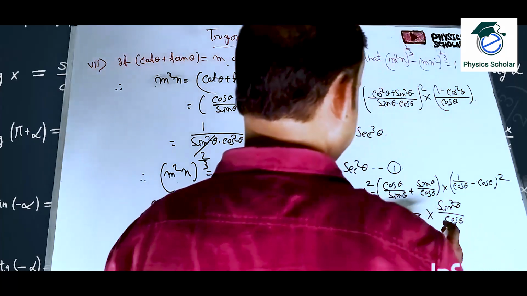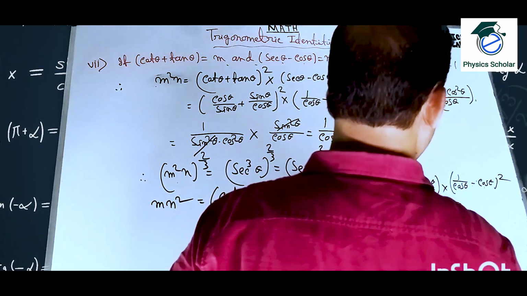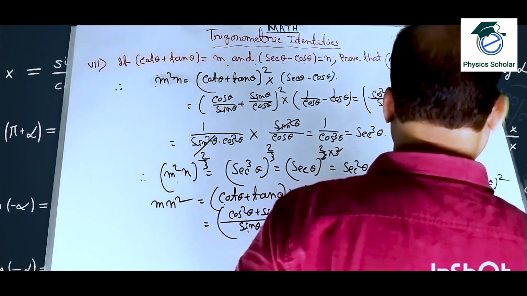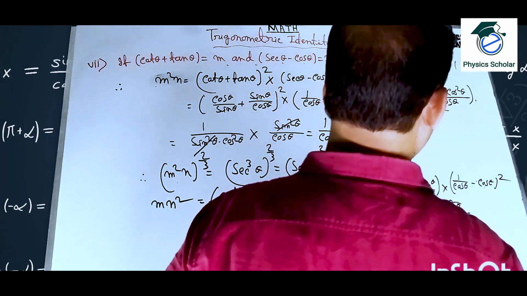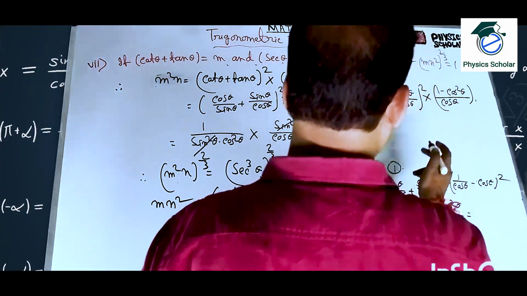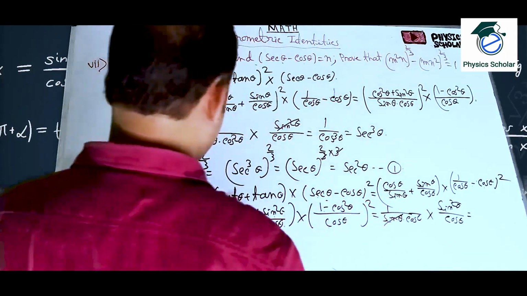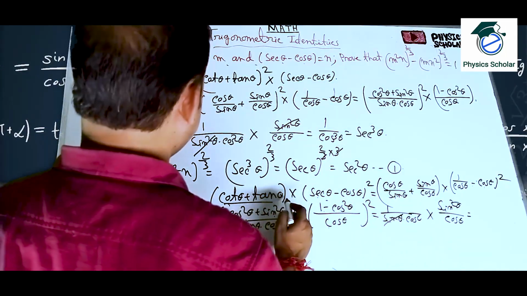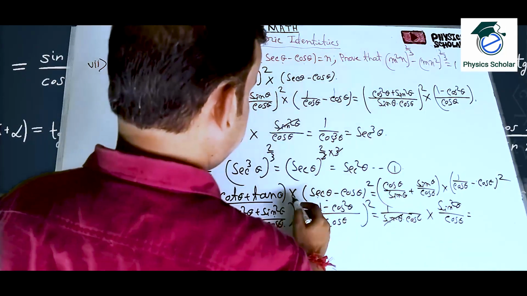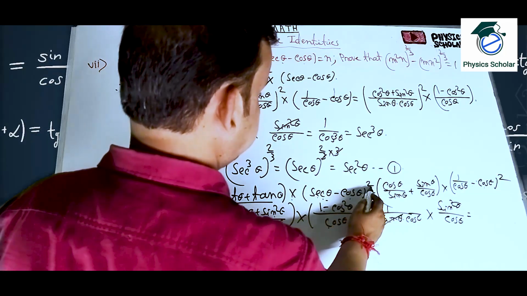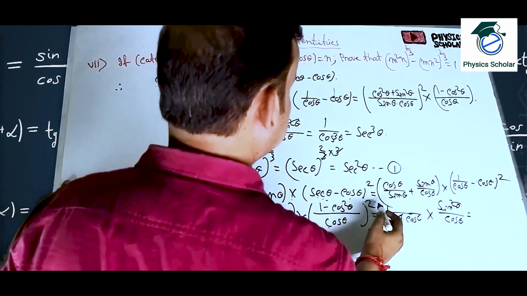Clear? So it is 1 by cos theta into sin theta by cos theta. It is m into n square, sec theta minus cos theta whole square.